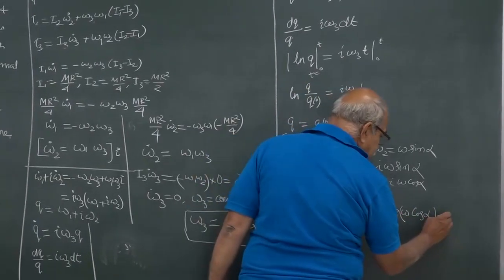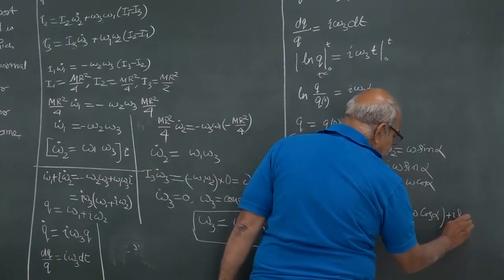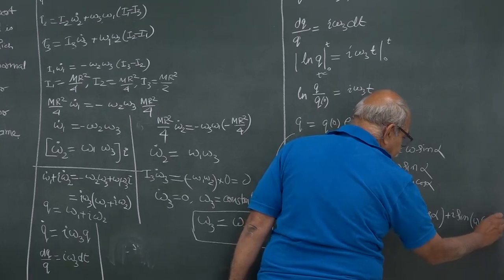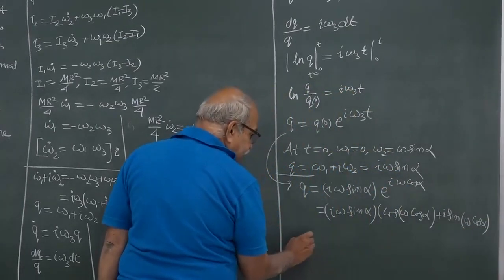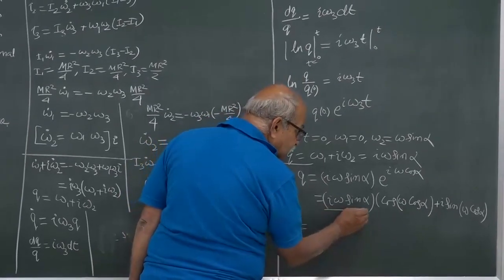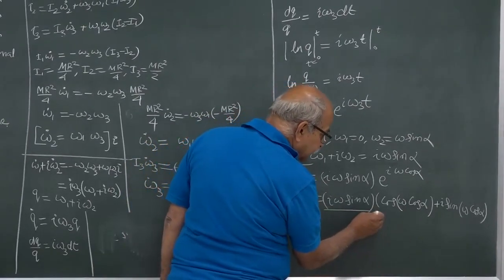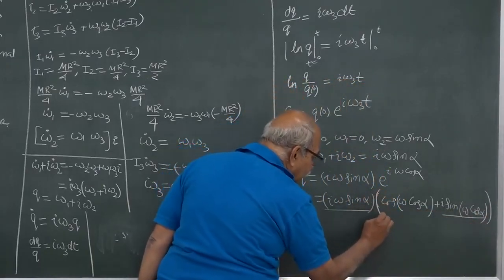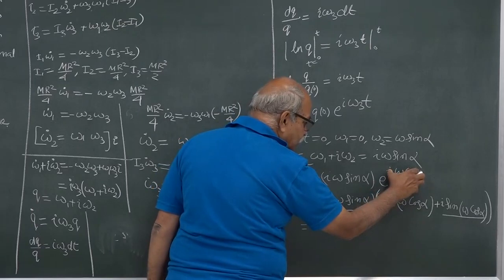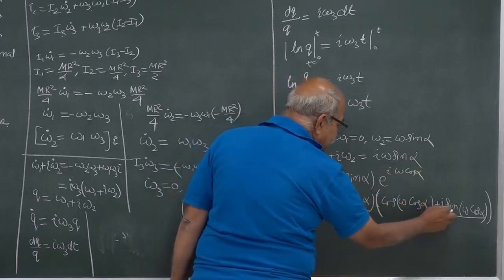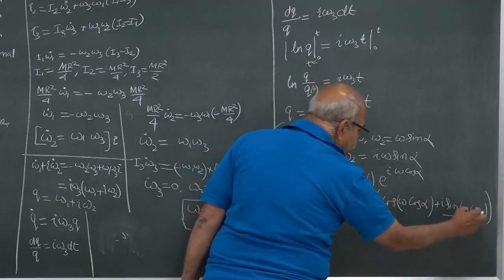So, this is equal to i omega sine alpha multiplied by cos of omega cos alpha plus i times sine of omega cos alpha. First let us write this one, this multiplied by this. e to the power i omega cos alpha is cos of omega cos alpha plus i times sine of omega cos alpha.